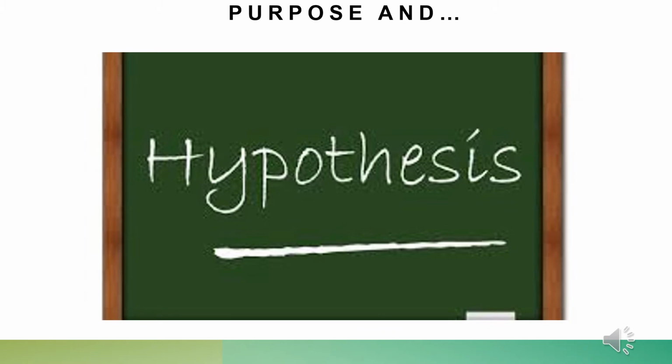Purpose and hypothesis. Purpose. The material I will be testing: does the aluminium can impact how water evaporates, like speeding up the process with the help of the sun's rays? Hypothesis. I hypothesize that if we change the independent variable, then the evaporation process will speed up because of the aluminium.